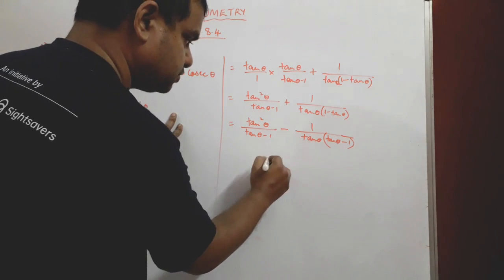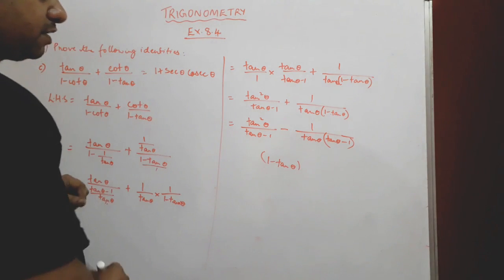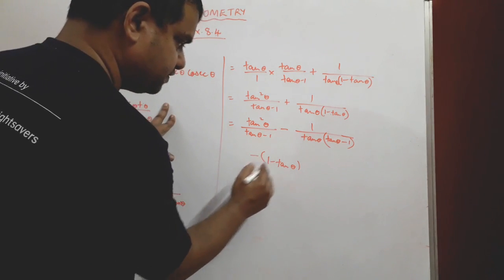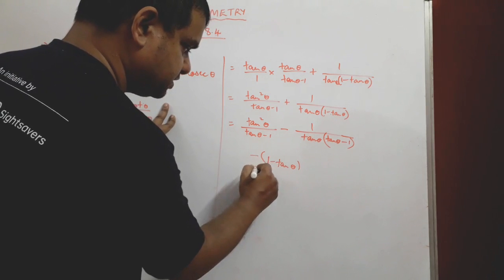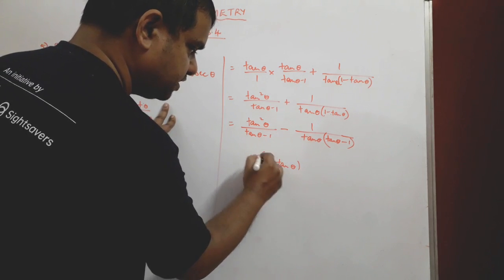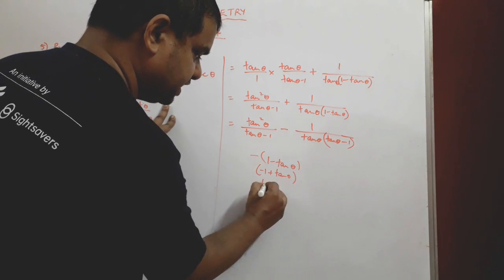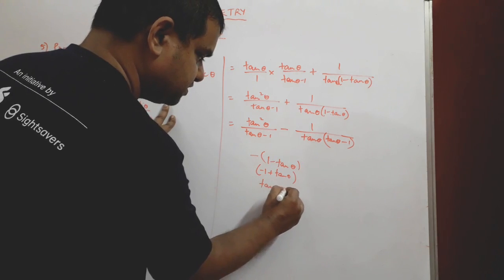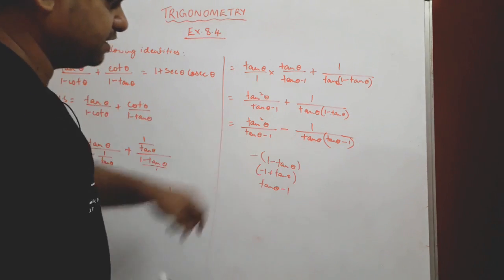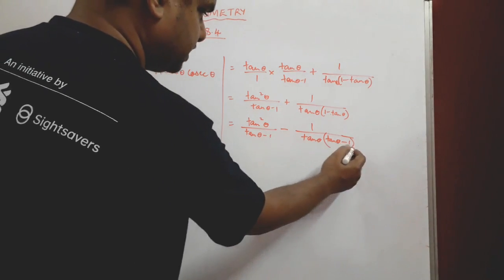So what is really happening is something like this. This was 1 minus tan theta. If we multiply this with negative, the negative sign goes inside, becomes minus 1, and minus into minus becomes plus tan theta, which is nothing but tan theta minus 1. That is why we take the negative sign outside. Now tan theta minus 1, tan theta minus 1 is the same.